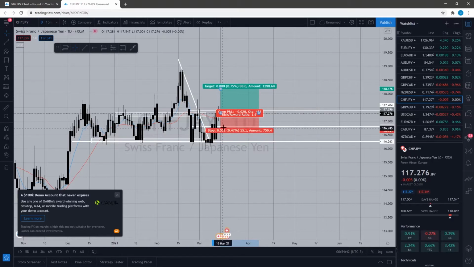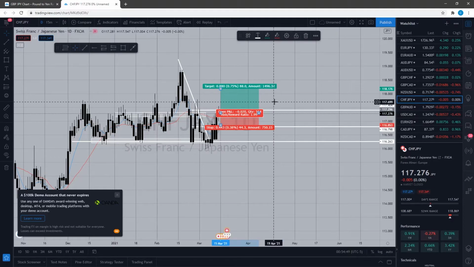So you want to keep your stops pretty tight. Same with going short. The stop loss would be up here, and then your take profit would be down here.